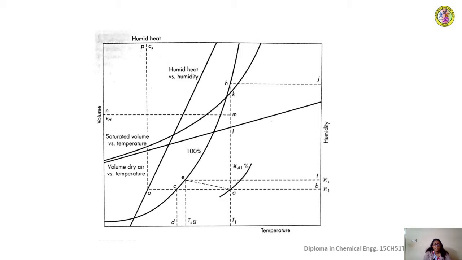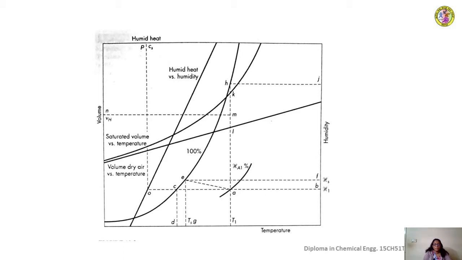on the x-axis. Then you can get the humidity of the sample at adiabatic saturation temperature, that is Ys dash, at point F on the y-axis, which is showing you the humidity of the saturated mixture, that is Hs.